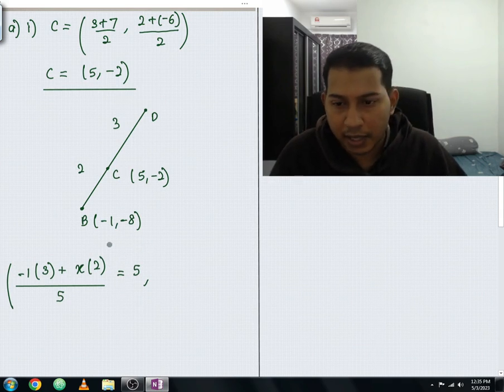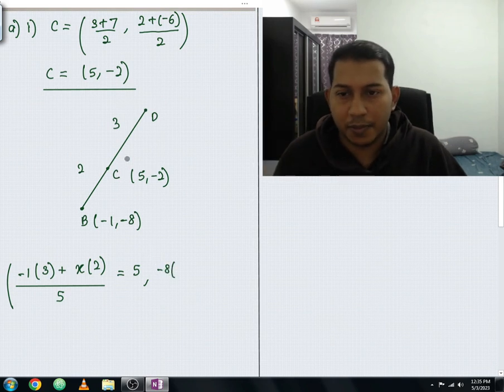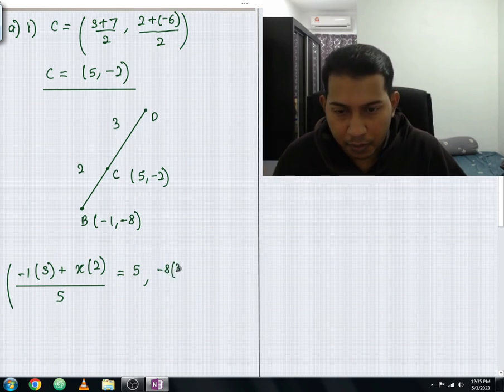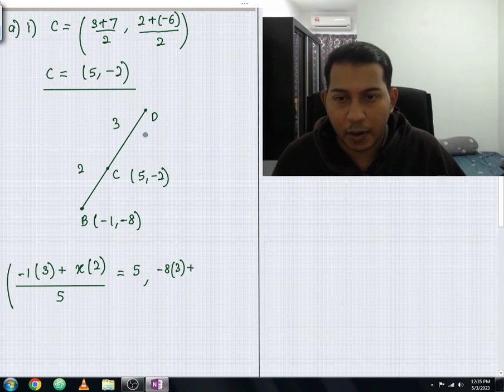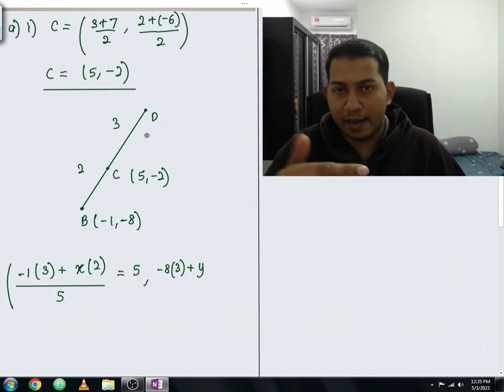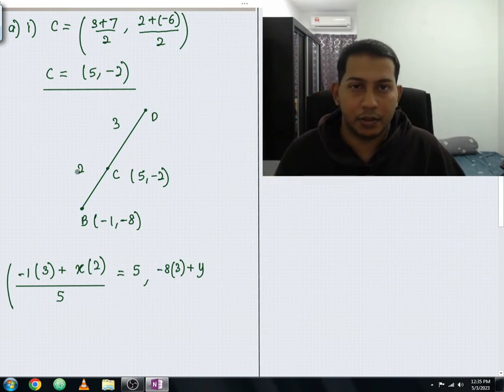Still the similar working. So -8 times with the opposite ratio. Opposite ratio in this case is 3. Okay, plus with the y coordinate for d, we don't know yet. So from here, we just write here as y. Okay, and then times with the opposite ratio. In this case, the opposite ratio is 2.